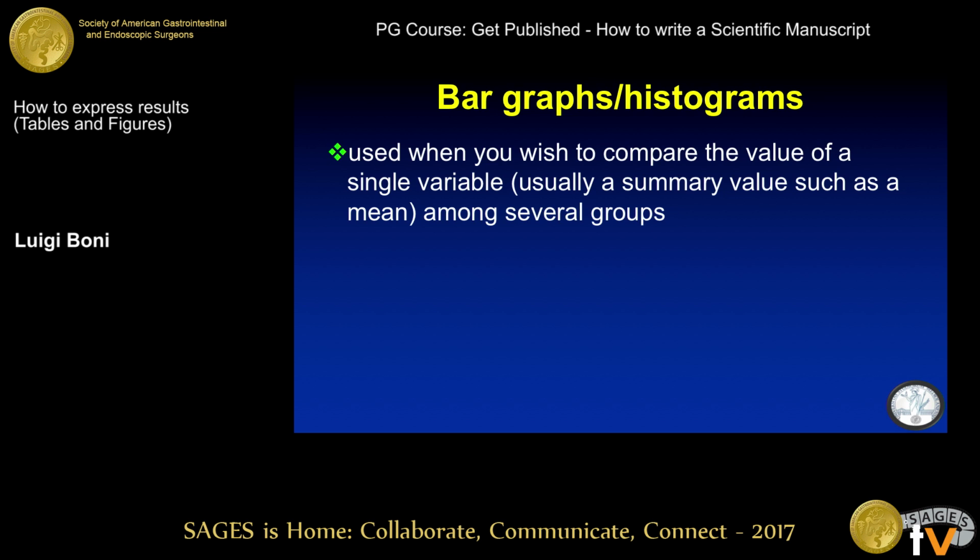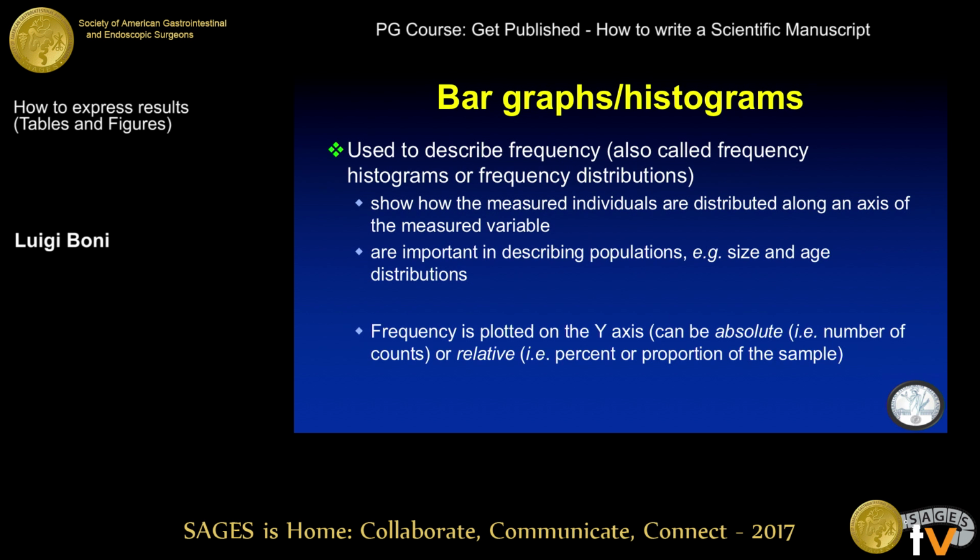Bar graph or histogram should be used when you would like to compare a single variable among several groups, and they can be used to describe frequency, and this is why I call it a frequency histogram.